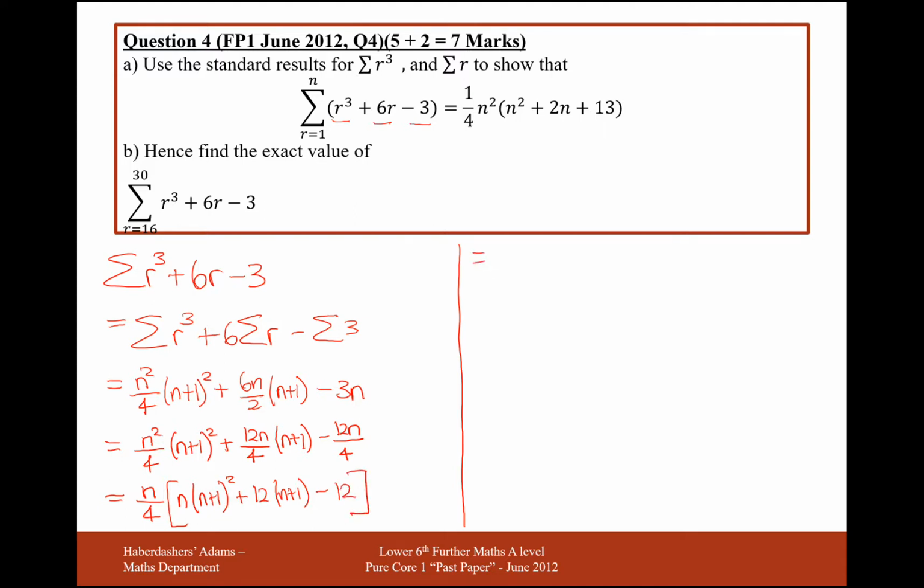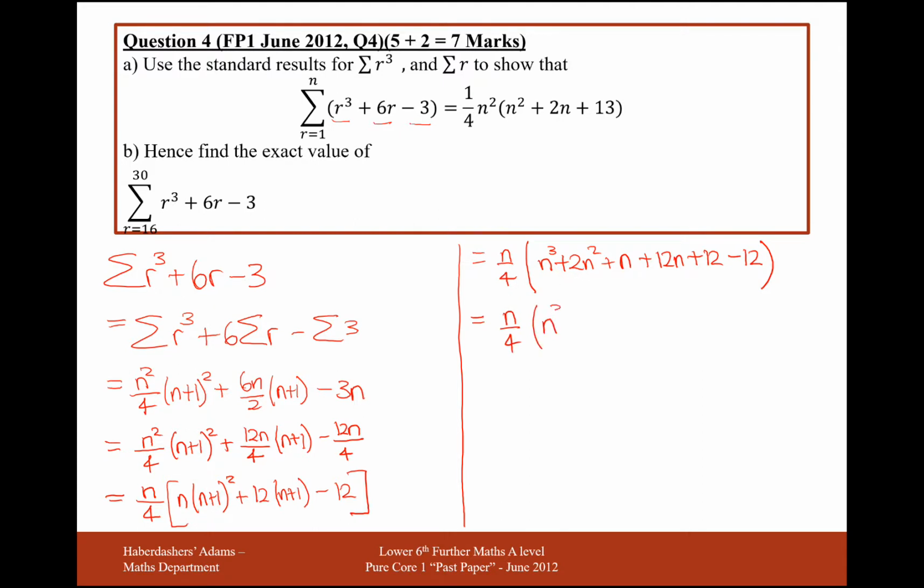Right, the next thing that I need to do here is to expand the brackets and see what I've got left and simplify. So n cubed plus 2n squared plus n plus 12n plus 12 minus 12. Okay, let's simplify what we've got inside there again.